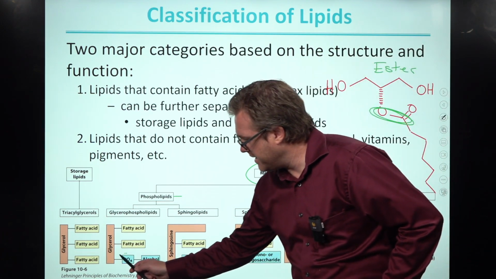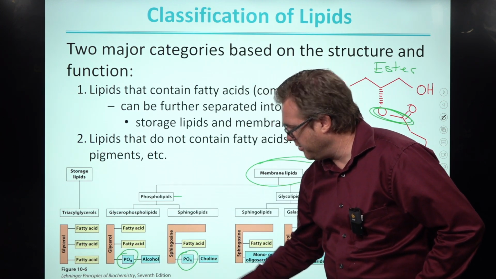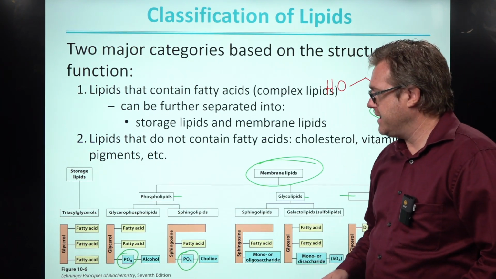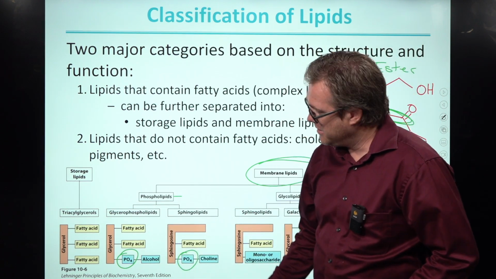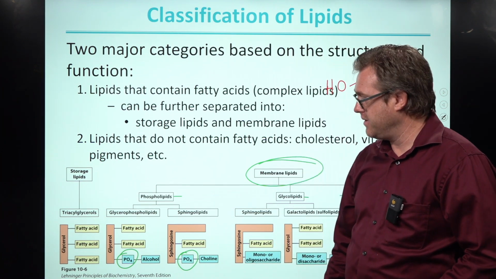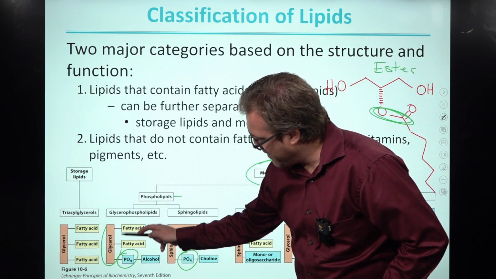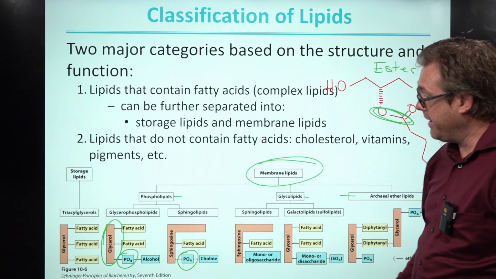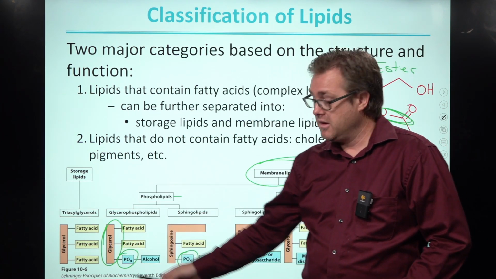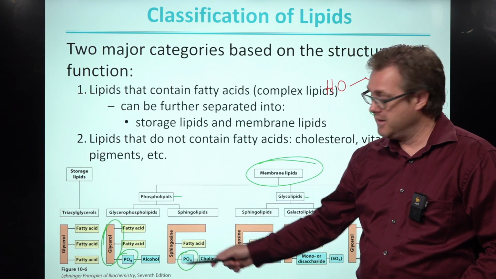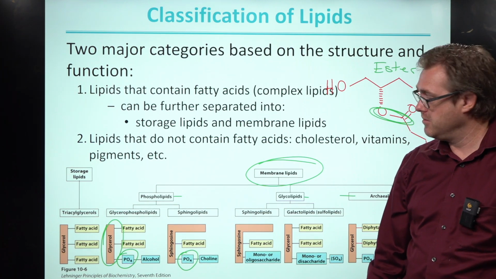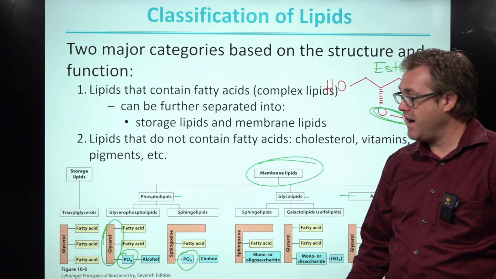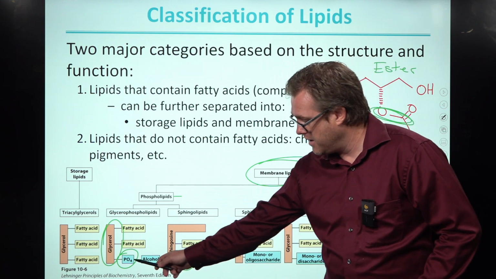Well, you can see that they just have a phosphate group. And then within the phospholipids, we have the glycerophospholipids. Why do you think it's called the glycerophospholipids? Because we have the glycerol molecule right there. But then we can replace that glycerol with something called the sphingosine. And now we have the sphingolipids. But under this class, both of these are still considered phospholipids because they both have the phosphate group.